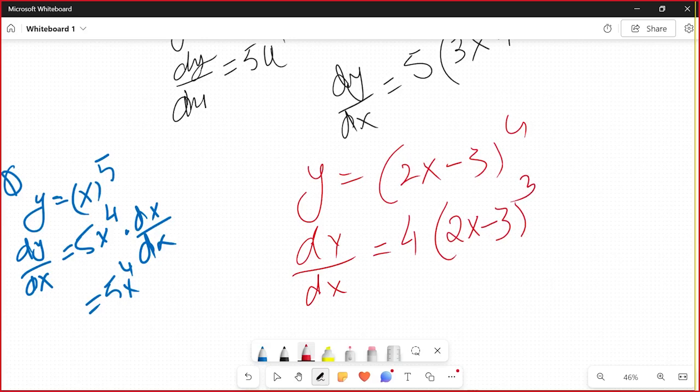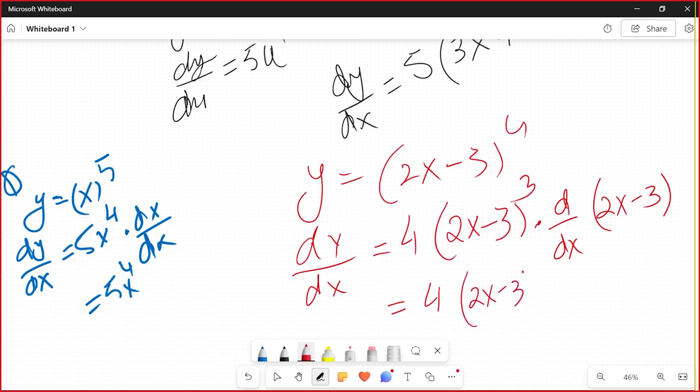Now whatever is in the bracket you differentiate. So d over dx of what is in the bracket, 2x minus 3. I just keep 2x minus 3 squared like that.